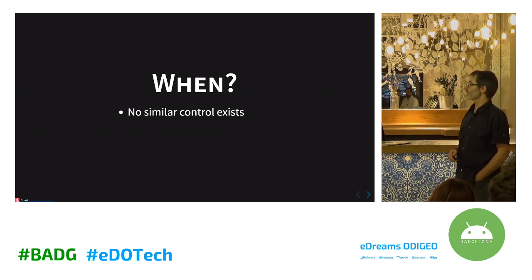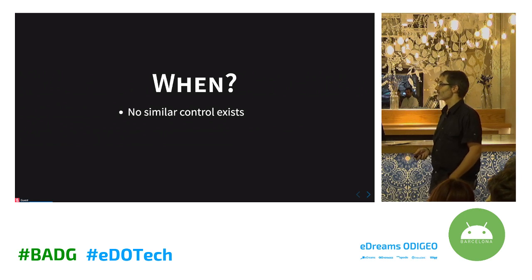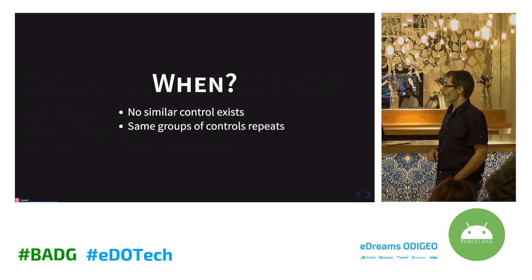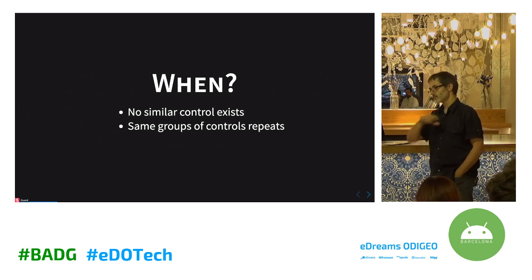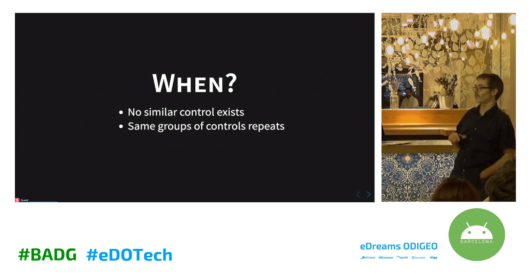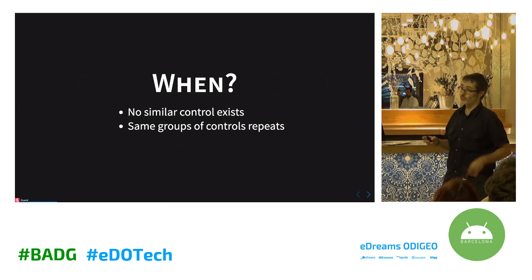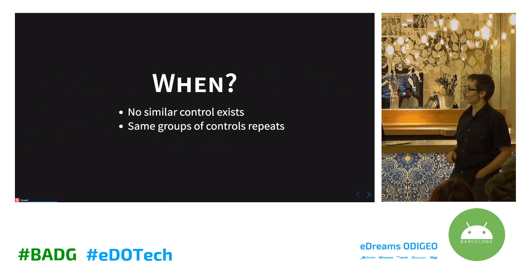We can use these techniques in many use cases, as I was saying. When we don't have a similar control in the system, when we are reusing a given set of views, for example, to create a single unit, which repeats in many places in the app.